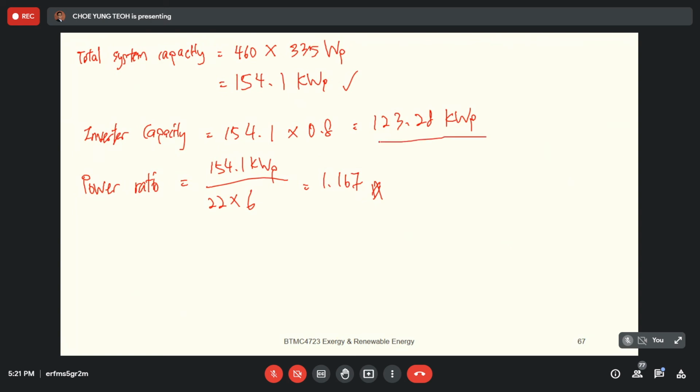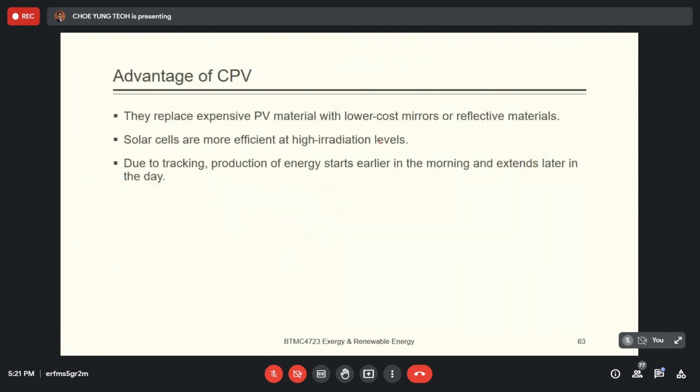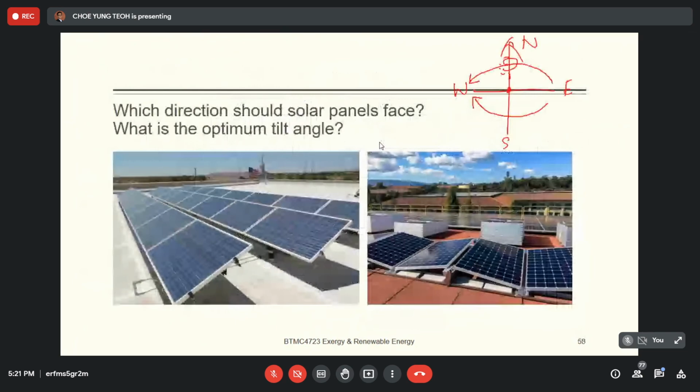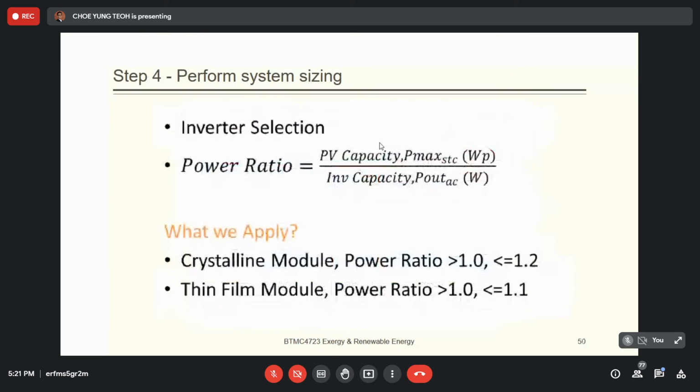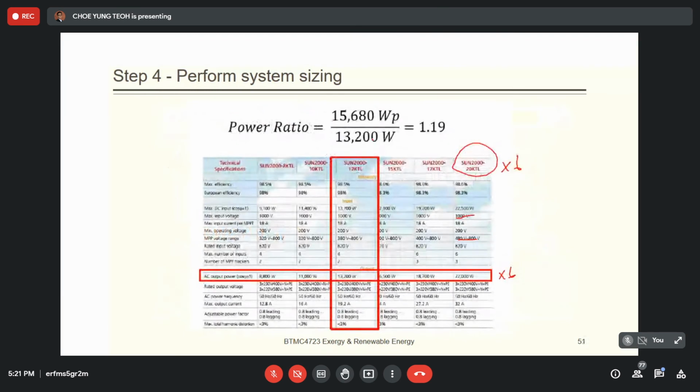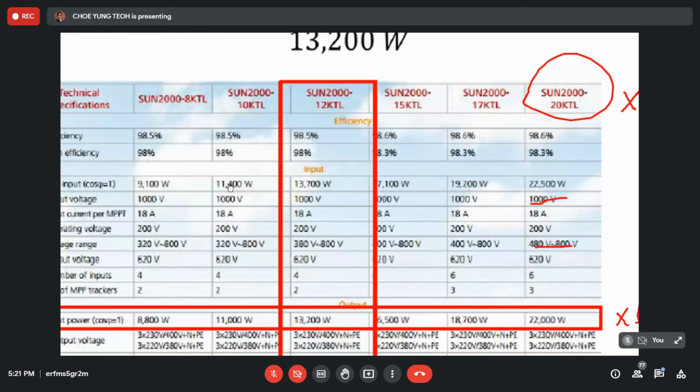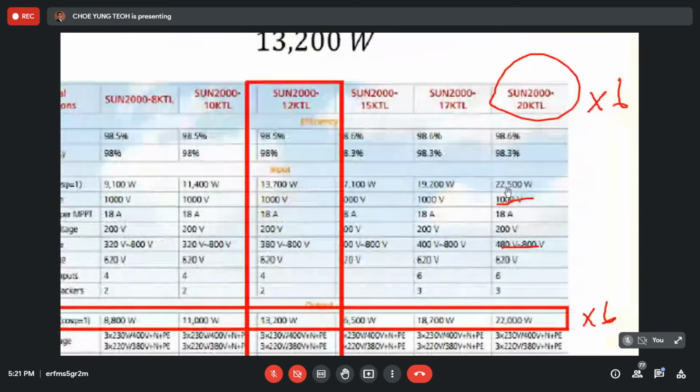But the only inverter that we have in the market is only on this list. So we need 123 kilowatt, but this one can only support up to 22.5 kilowatt. Then we just divide, we can know that we actually need 6 inverter.